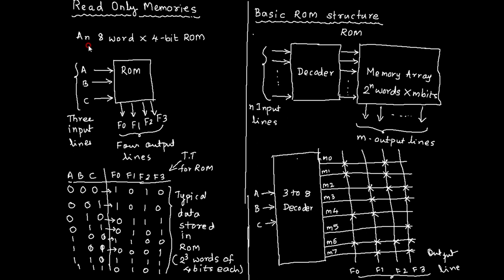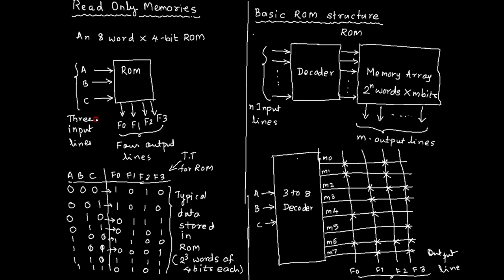If you take an example of an 8 word by 4-bit ROM, to implement this we need 4 output lines, F0, F1, F2, F3.